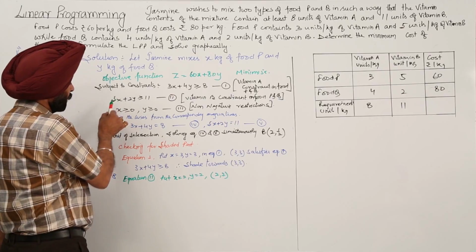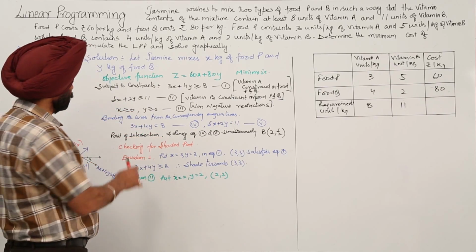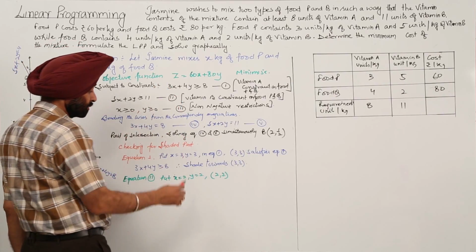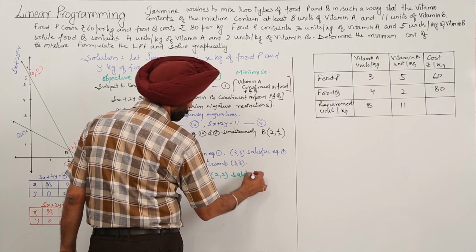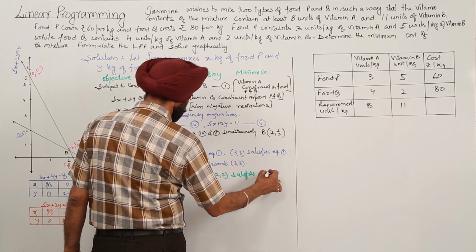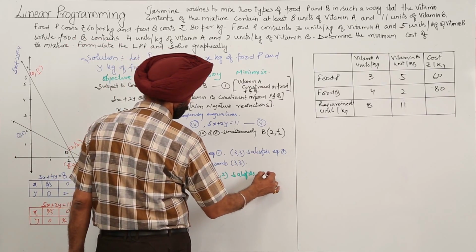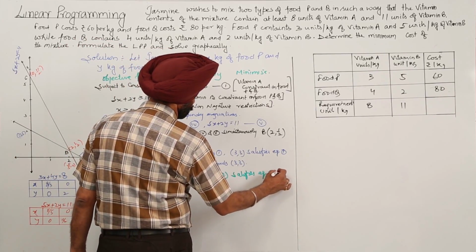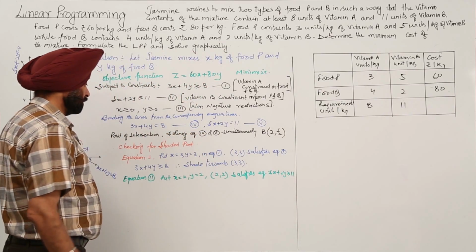Now here 5 times 2 is 10, 2 times 2 is 4, 10 plus 4 is 14 and 14 is greater than 11. Okay. So 2 comma 2 satisfies 5x plus 2y is greater than or equal to 11.